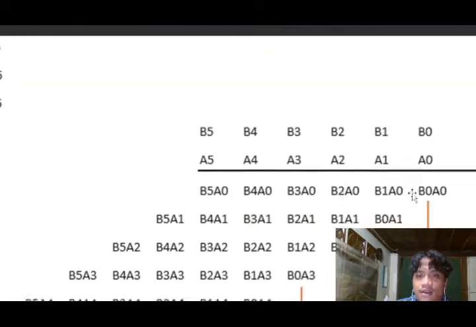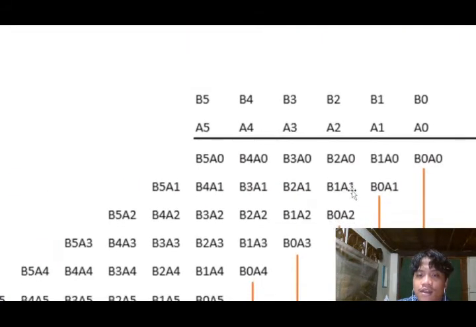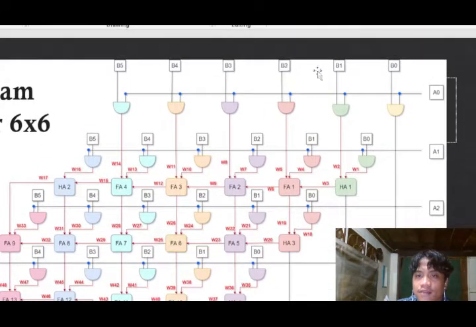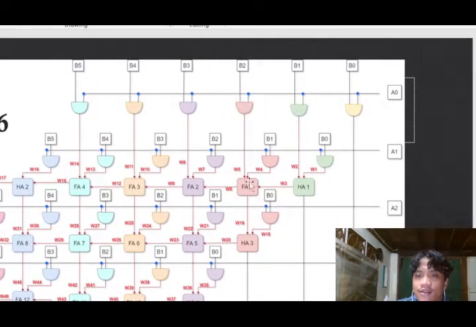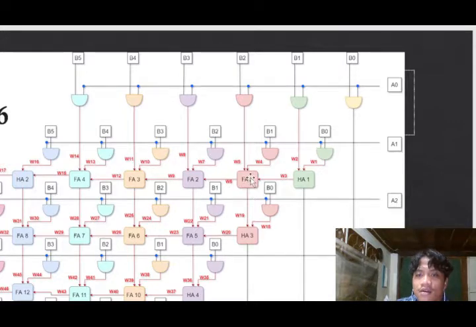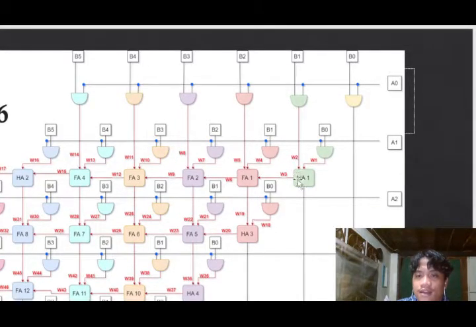Okay, next we get B2 and A0, B1 and A1, B0 and A2. B2 and A0 go through an AND gate, and B1 and A1 through an AND gate, and they combine into a full adder, because a full adder is used when there are more than two inputs. We have B2 and A0, B1 and A1 from the AND gates, and the half adder carry.